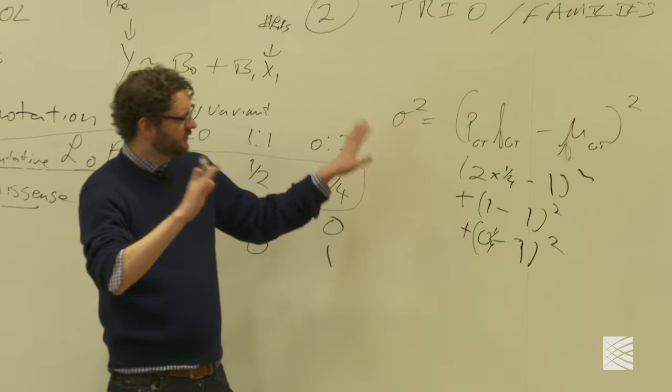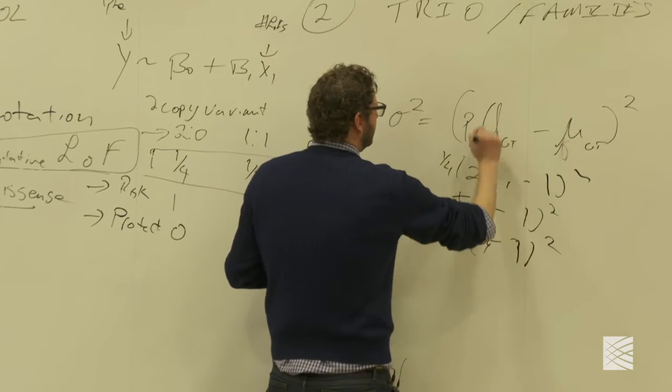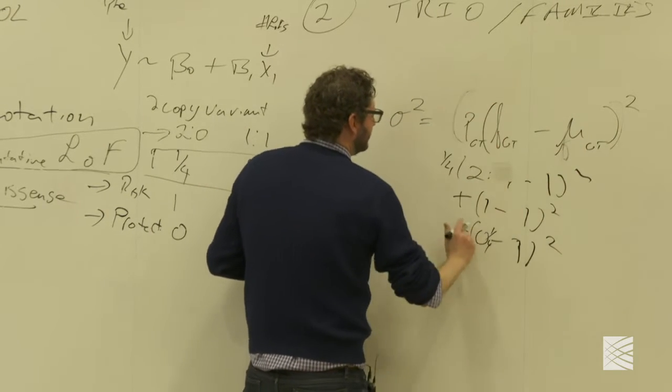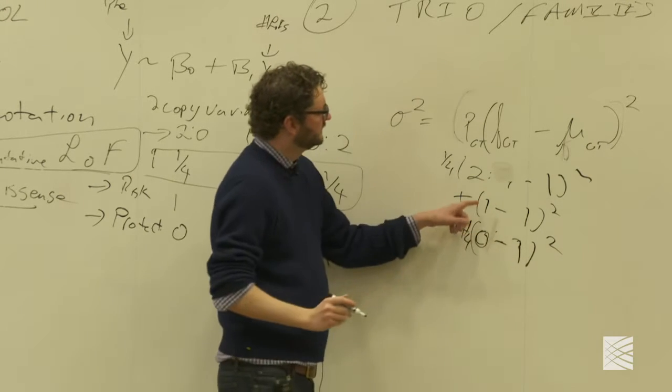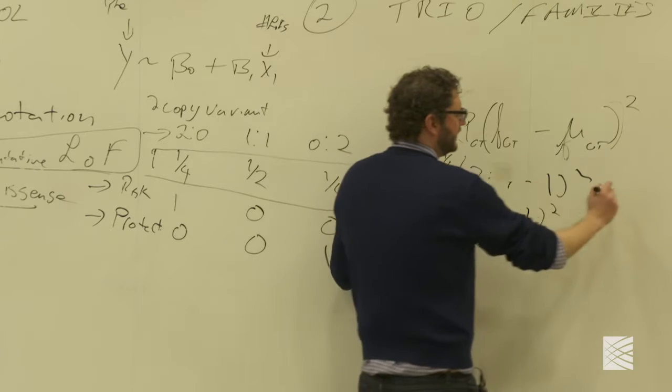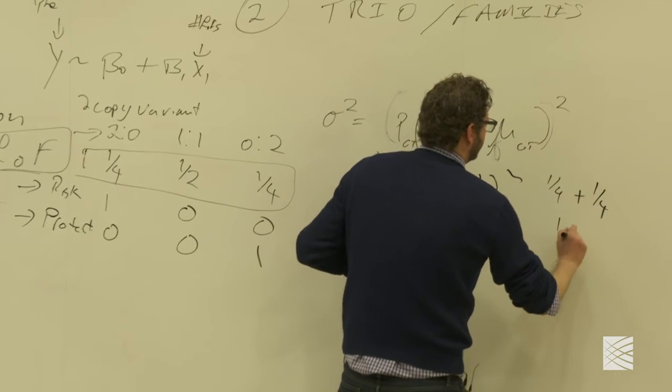So we do the frequency of those things. And actually, sorry, I want to move this out here. That's the way I want to do it. And when we do that, what we end up with is a quarter plus a quarter, so a half.